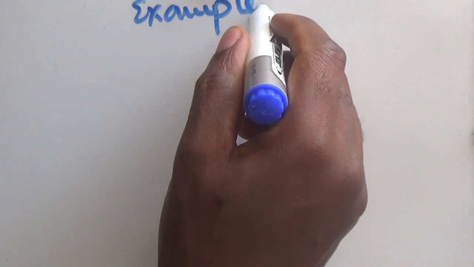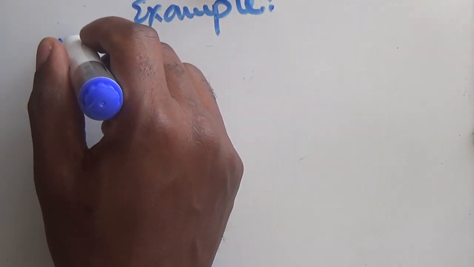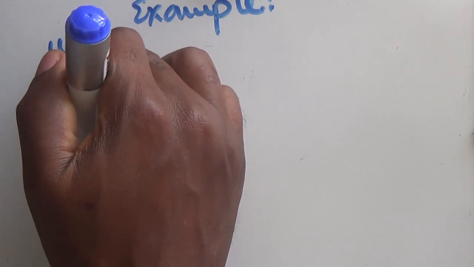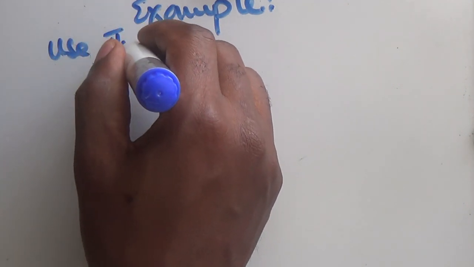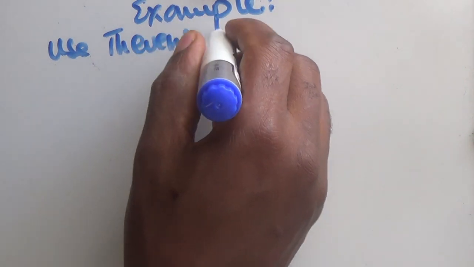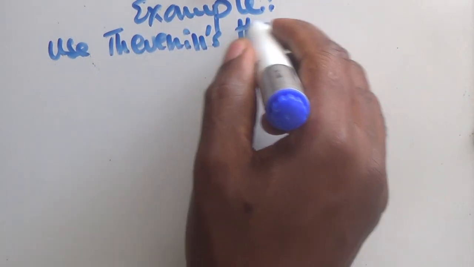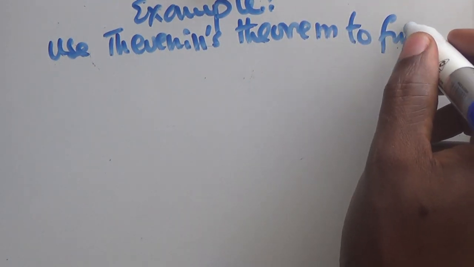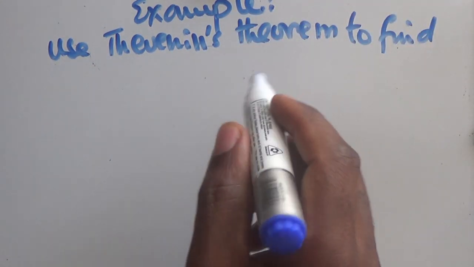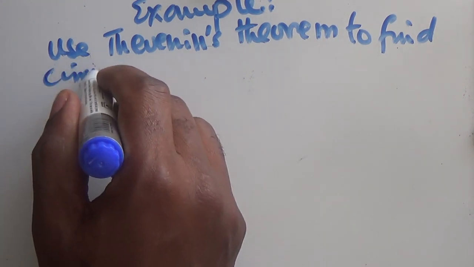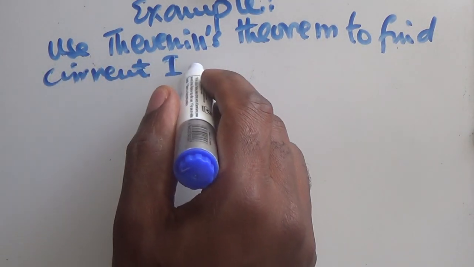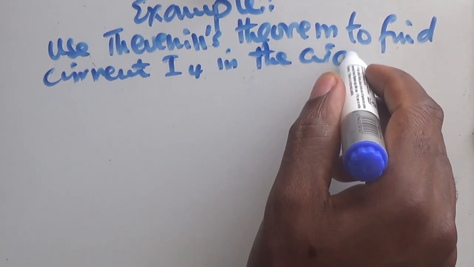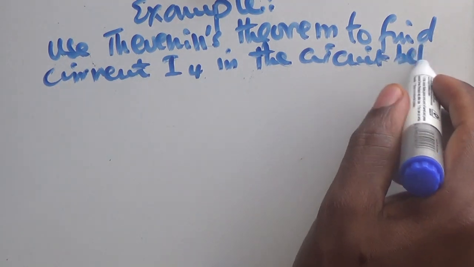In this example we're going to use Thevenin's theorem to find current I4 in the circuit below.